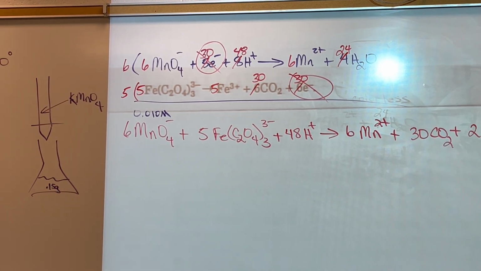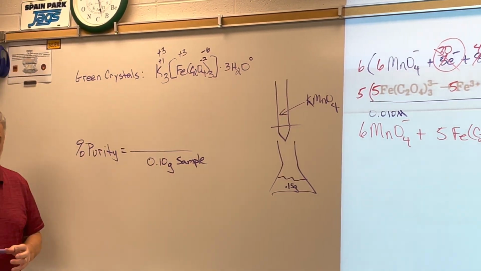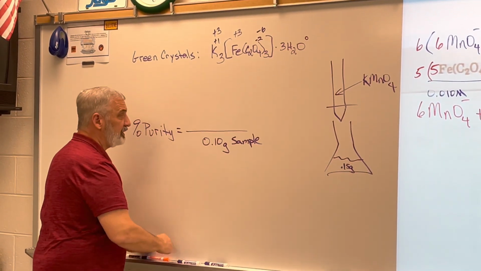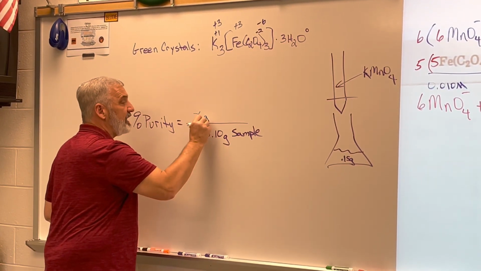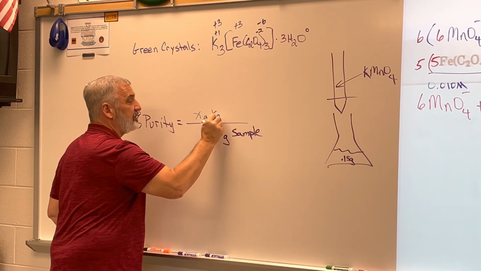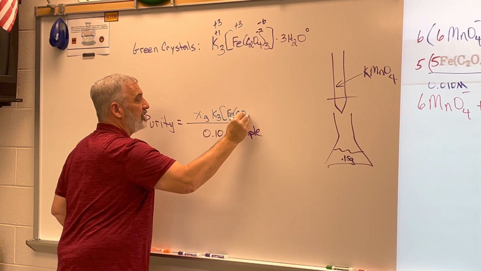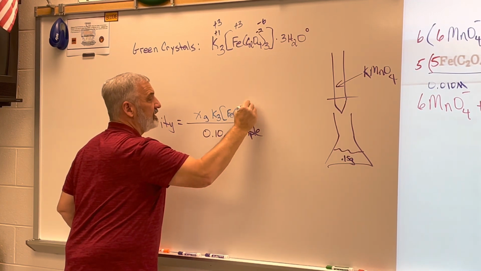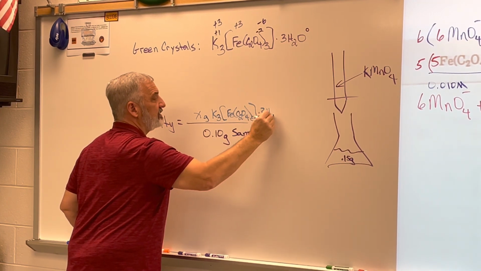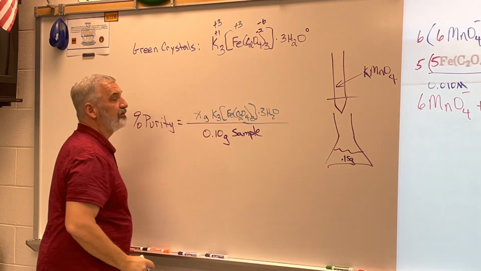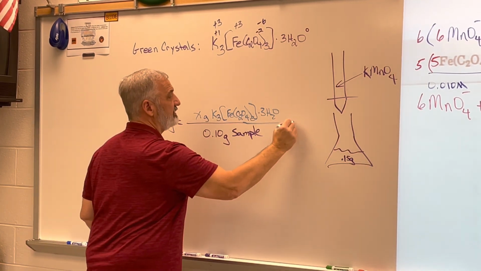What's my goal? What do I need to find out? I am looking for X grams of K3Fe(C2O4)3·3H2O, and then it'll be times 100.